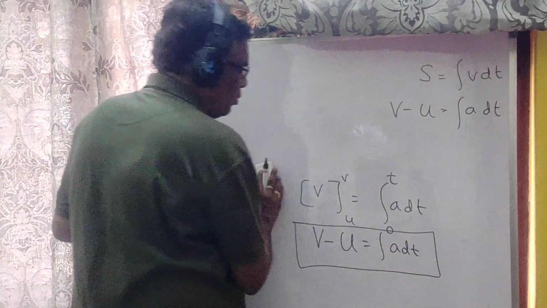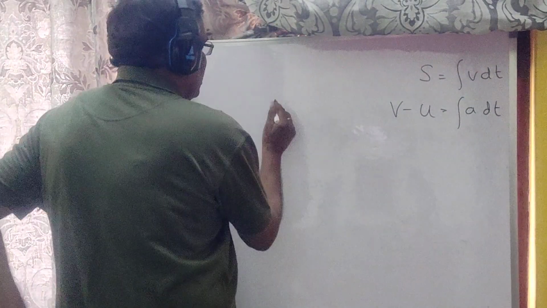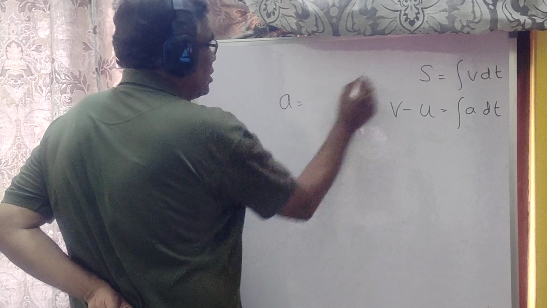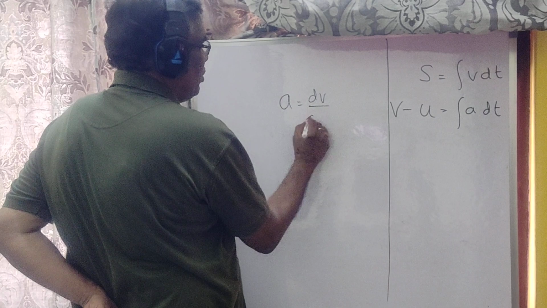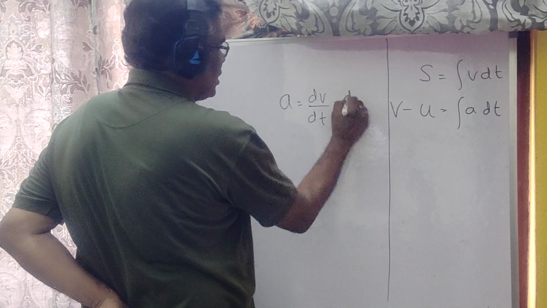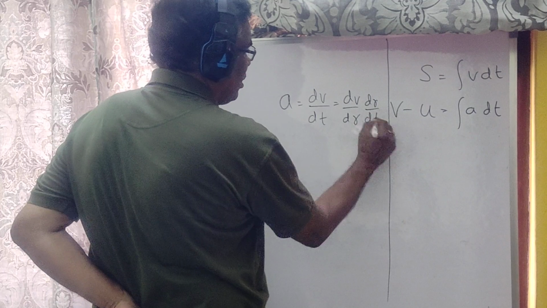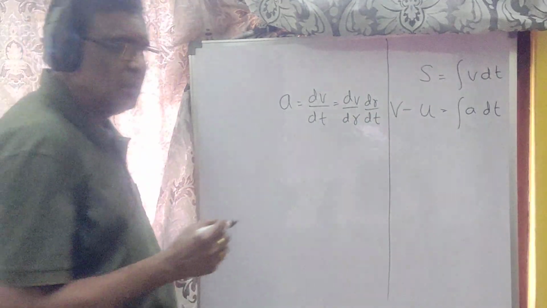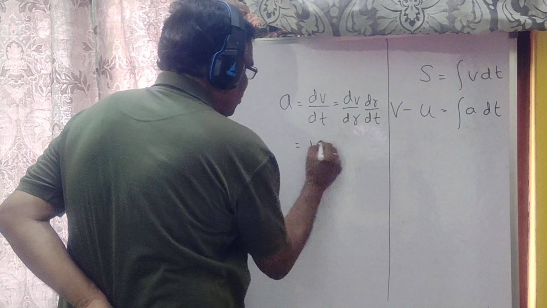Right? Now, in the same way, I'll take a, which initially I wrote as dv by dt. Now this can be written as dv by dr into dr by dt. But this dr by dt is nothing but v.